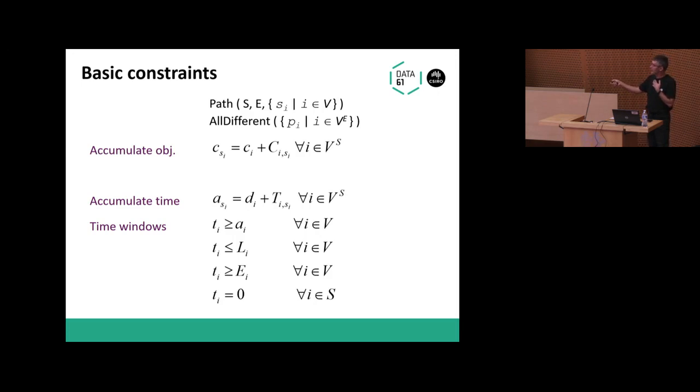Implement my time windows, so my arrival time has to be less than the start time. The start time has to be less than the late time and greater than the early time. And this is where you get the difference. This may or may not be the same. We start all of the starts at time 0.